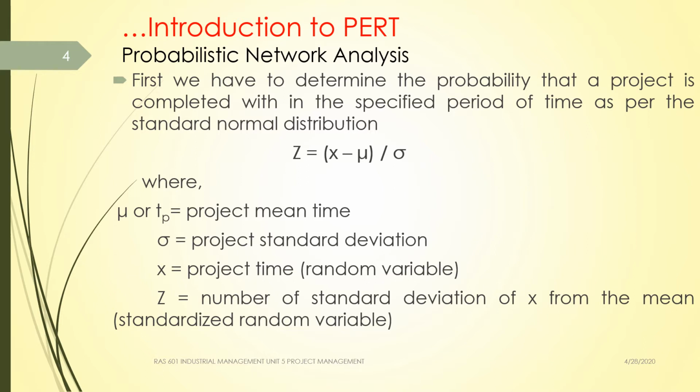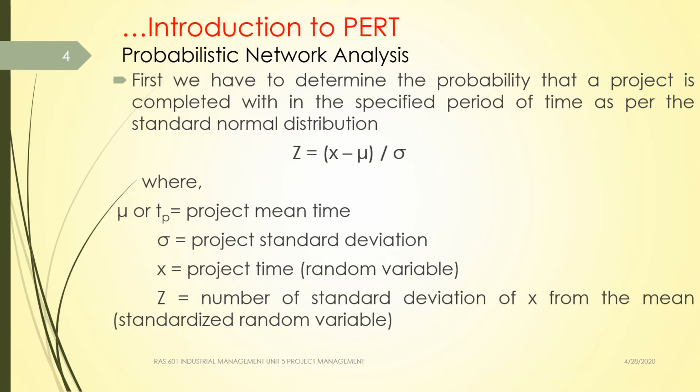Next is probabilistic network analysis. Probabilistic network analysis is based on the normal distribution and beta distribution. Here you can calculate the probability to complete the project by using the same formula used for finding the standard normal distribution, that is z equals x minus mu divided by sigma, where mu is the mean time to complete the project, whereas sigma is the standard deviation, and x is the time taken in order to complete a particular activity.